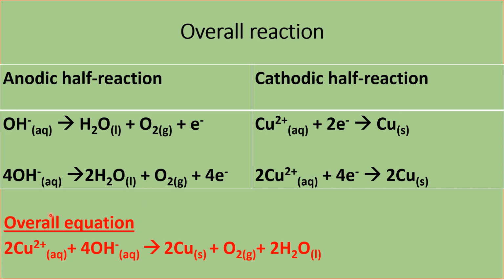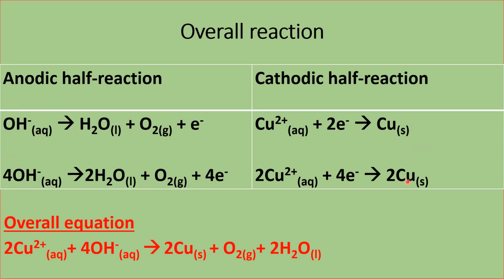So what will then be the overall equation? Bring together the reactants at the cathode and at the anode. Bring together the product at the anode and the product at the cathode, and that will give us what? 2Cu2+, that is the reactant at the cathode, and 4OH-, the reactant at the anode.